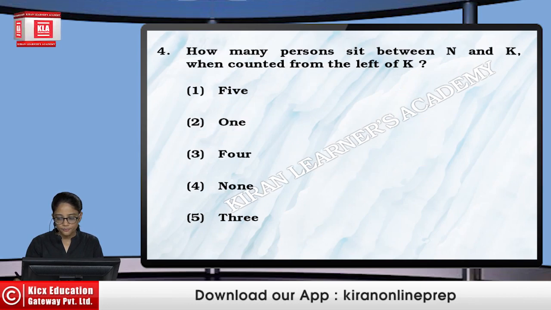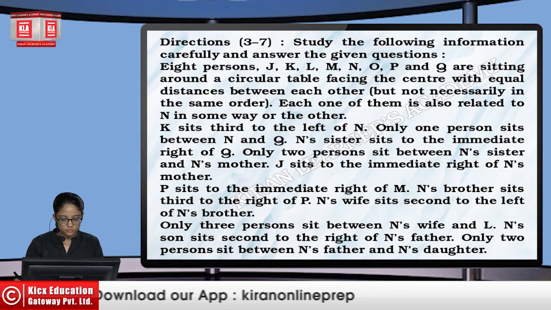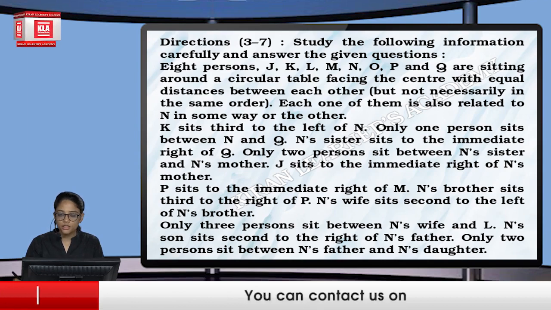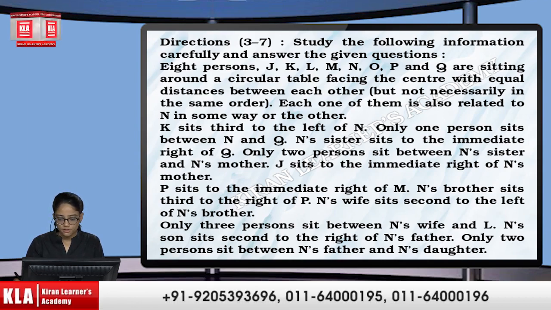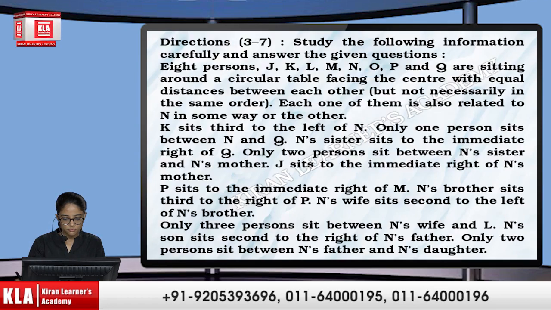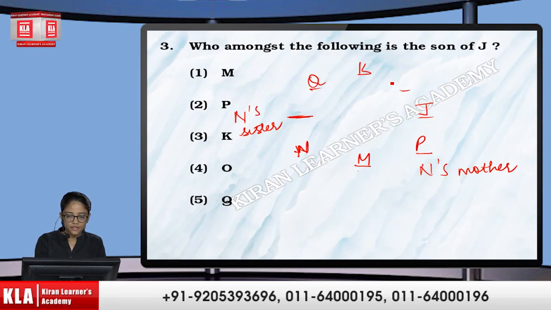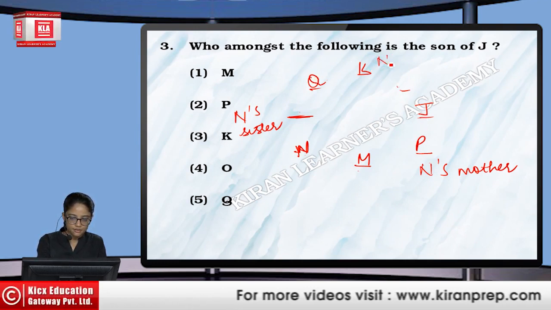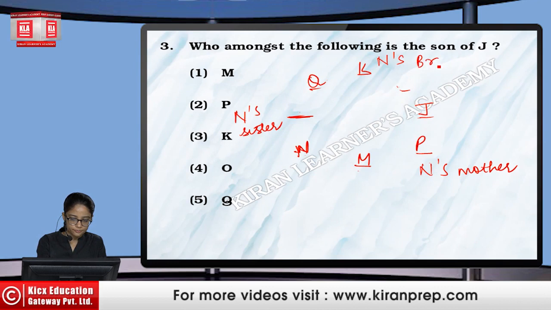Next we have N's brother sits third to the right of P. Third to the right of P means K. This means this is N's brother.